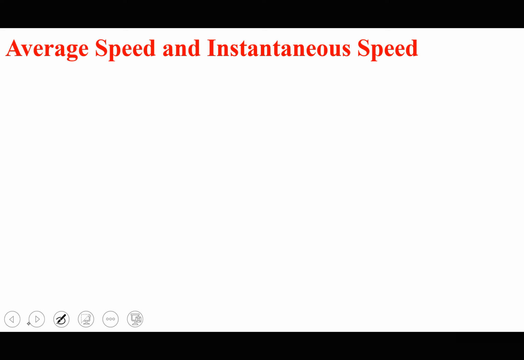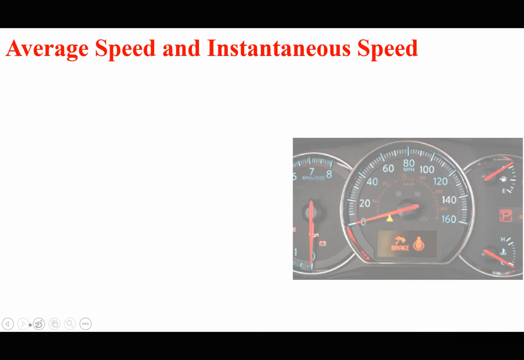So from GCSE, you recall that the average speed is the actual total distance traveled by the object over the total time taken. That is the average. We don't add speeds and divide them by the number of speeds, not at all. For average speed, we take the total distance traveled by the object and divide this by the total time taken.